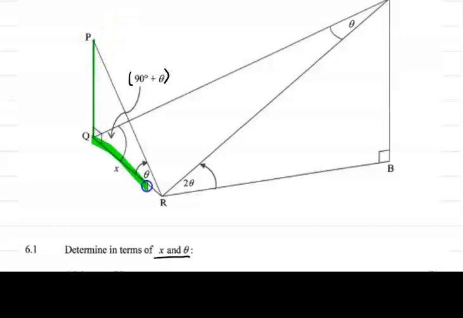QP forms part of a right angle triangle. Our reference angle is theta, so the opposite side will be QP, the hypotenuse is PR, and the adjacent side is X or QR.